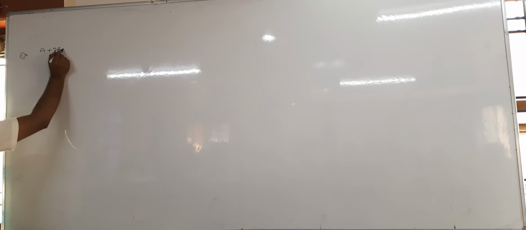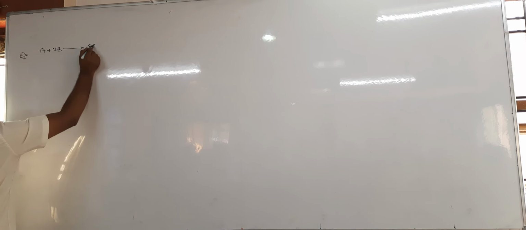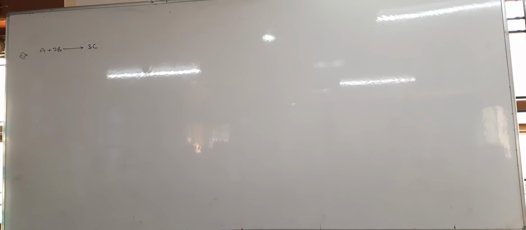Example: A plus 2B gives rise to 3C. Take this equation. What is the order of reaction? Order cannot be calculated, no? Order may be first, second, or 0. It cannot be calculated at first. Then what is the molecularity?